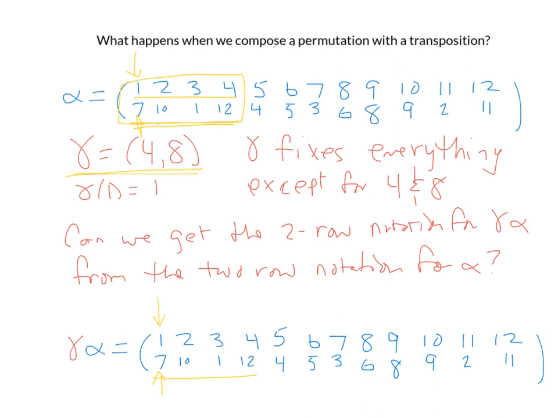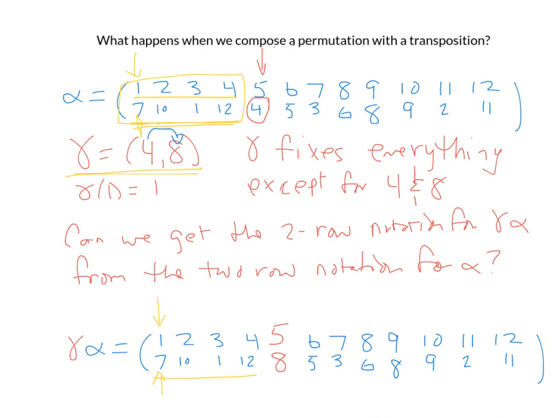When we wind up getting to 5, alpha sends 5 to 4, and gamma sends 4 to 8. So in the composition, we have something slightly different. We're going to have 5 goes to 8.